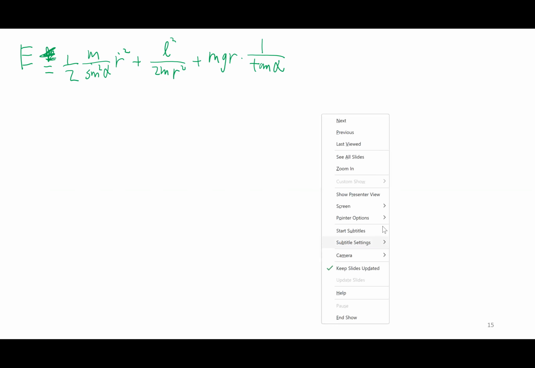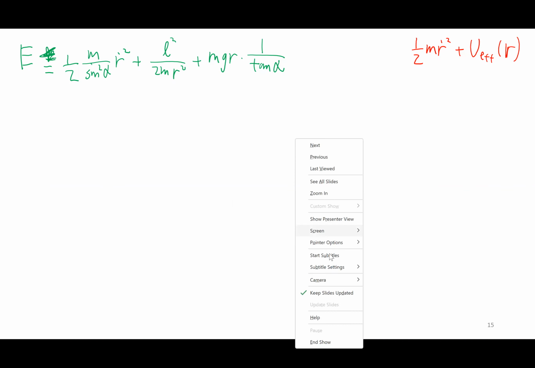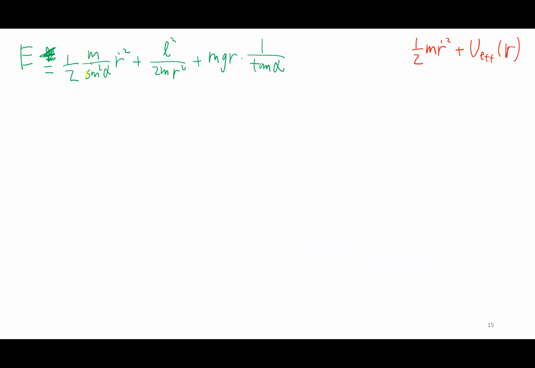But the form that we hope to get is like this. So as I said, it seems that the problem we have here is this factor, the sine square alpha.